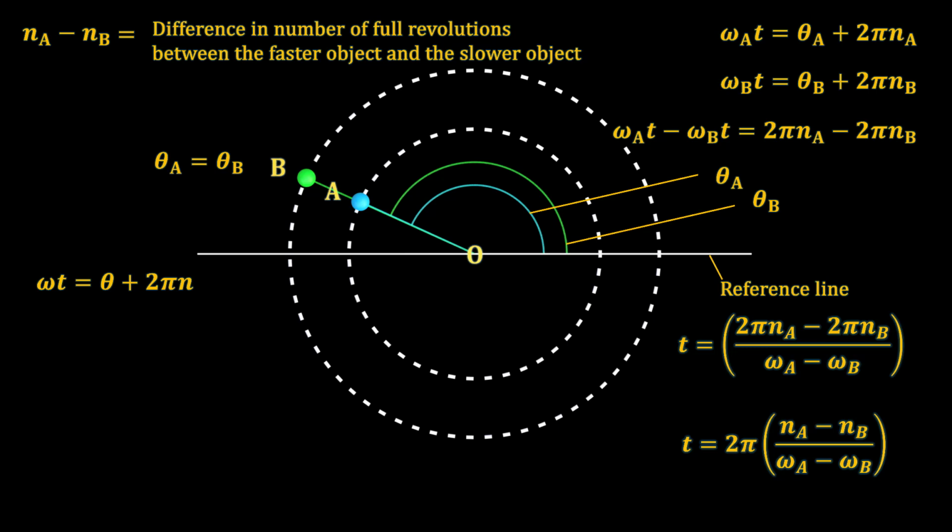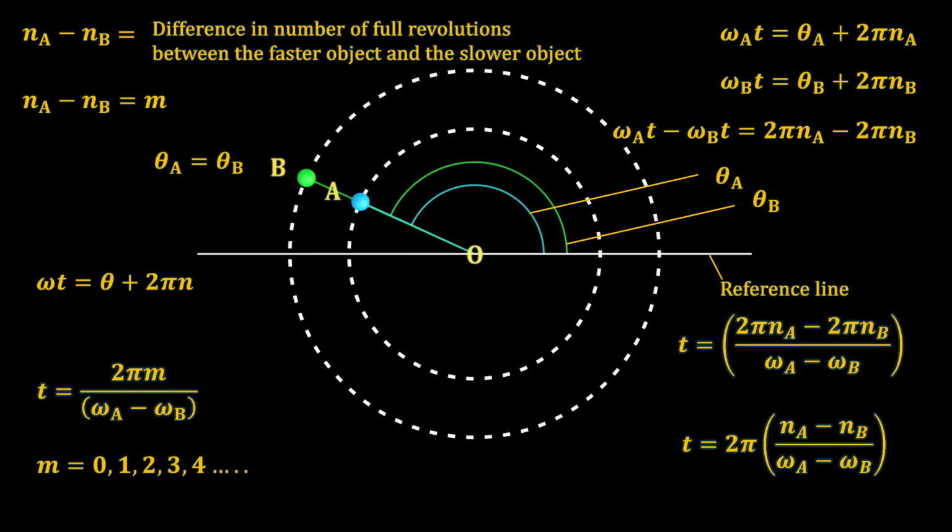And this will always be a whole number. Remember, in our example, the object A is our faster moving object, meaning it has a greater angular speed. So let m equal NA minus NB, and we can write t equals 2 pi m over omega A minus omega B, where m takes values 0, 1, 2, 3, 4.